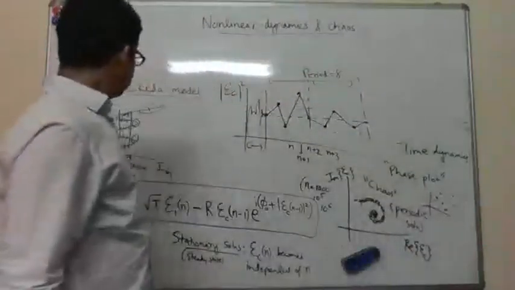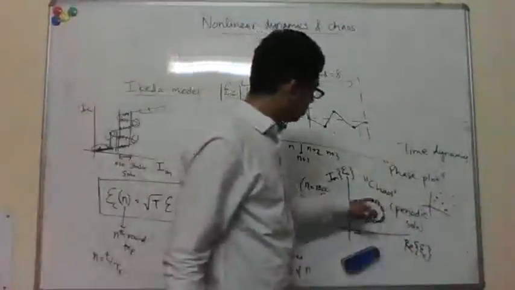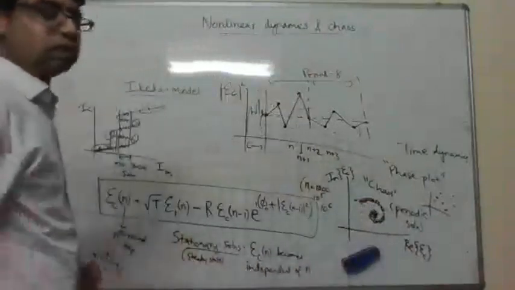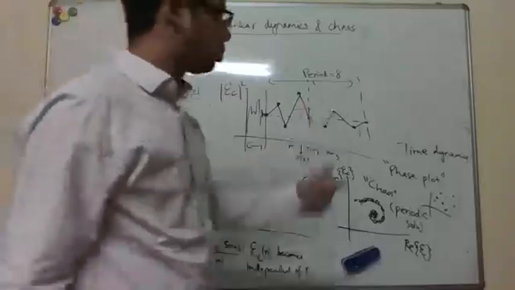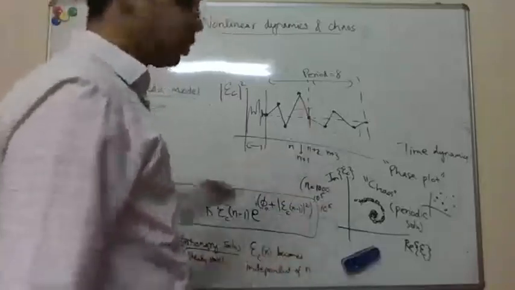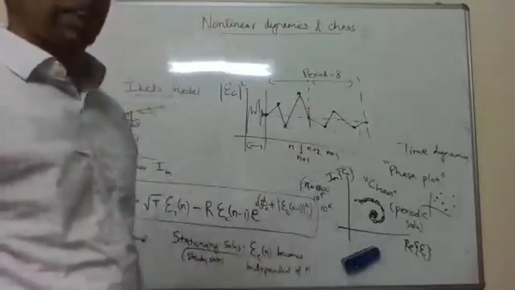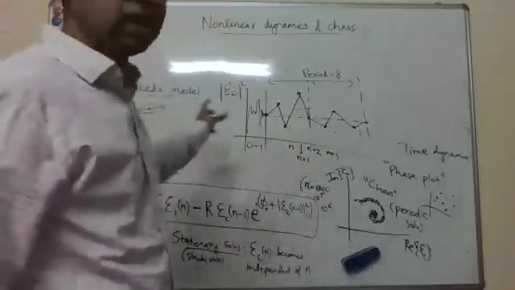But once the intensity gets to a certain range, you don't know where you are. There is no way to deterministically say what your output intensity is, even though your input intensity is a constant number. You know everything about your cavity, length, nonlinearity.